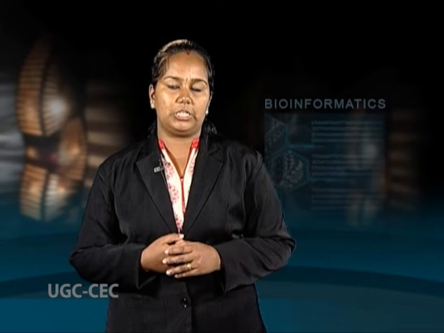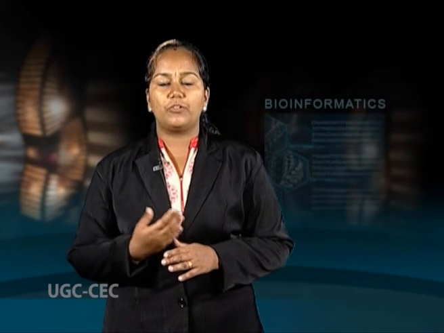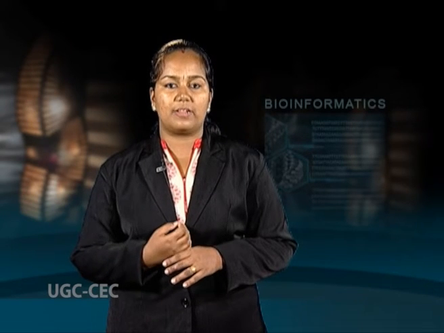DNA is transferred from donor to recipient in the same way that a string is pulled through a tube during conjugation. The relative positions of markers on the DNA molecule can therefore be mapped by determining the times at which the markers appear in the recipient cell. The markers A, B and C are transferred 8, 20 and 30 minutes after the beginning of conjugation respectively. The entire Escherichia coli chromosome takes approximately 100 minutes to transfer.